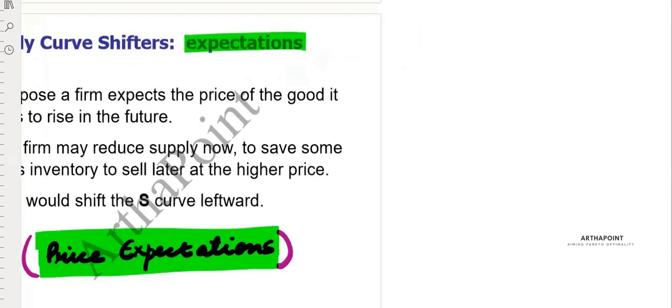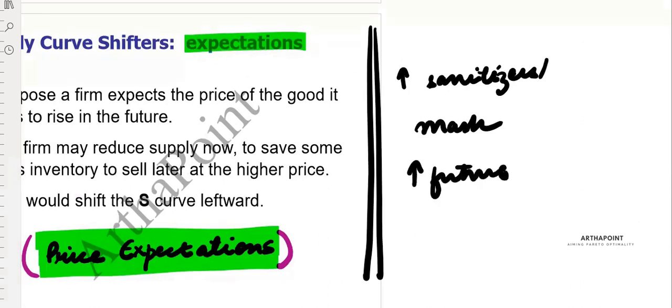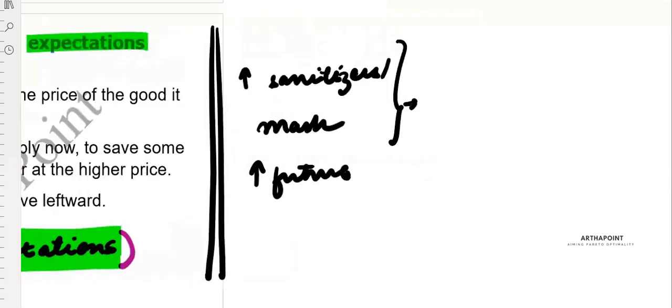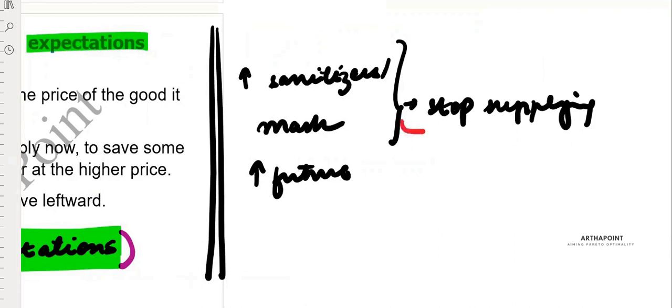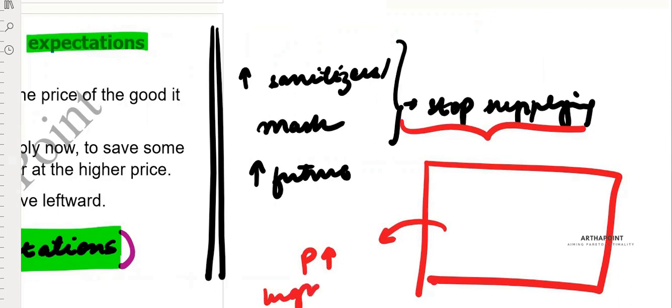Now imagine I am thinking that the price at which I can sell my sanitizers or my masks will increase in the future. What will I do today? I will stop supplying this today. I will just keep all of this in my warehouse, and tomorrow, when the price increases, I will sell it then at a higher profit margin.